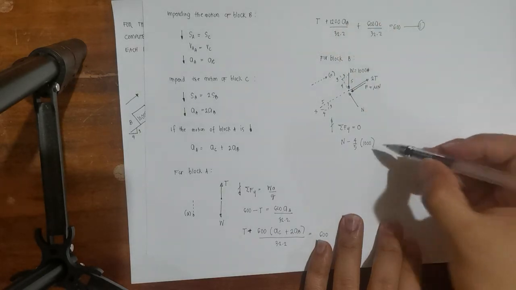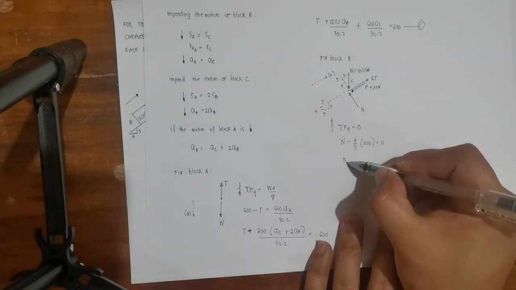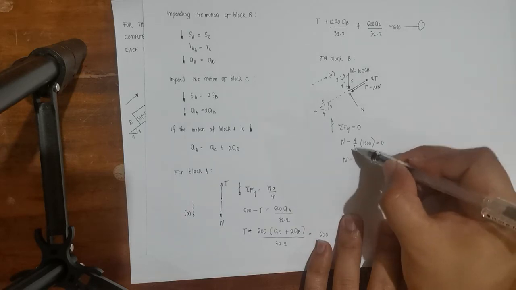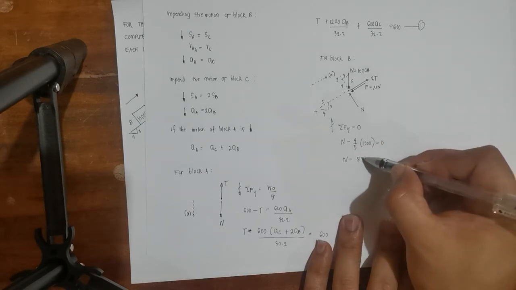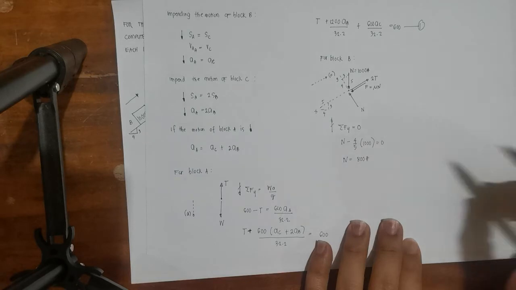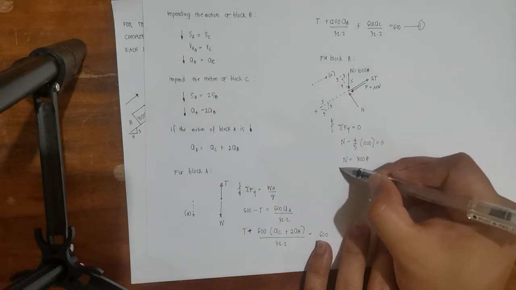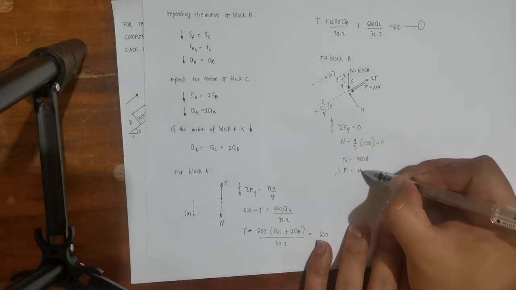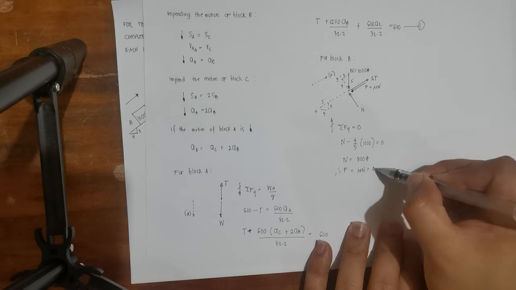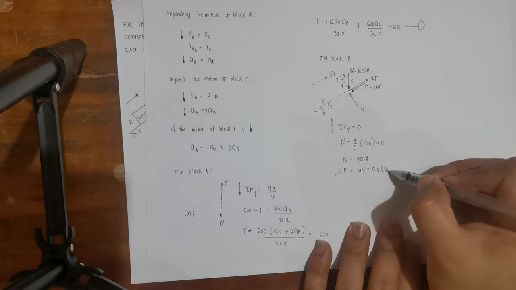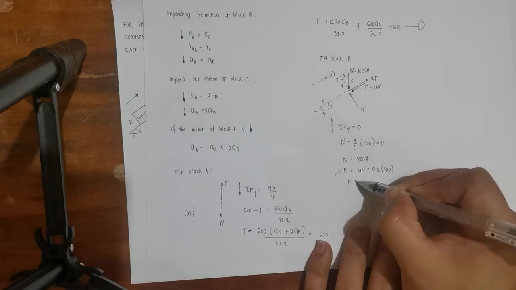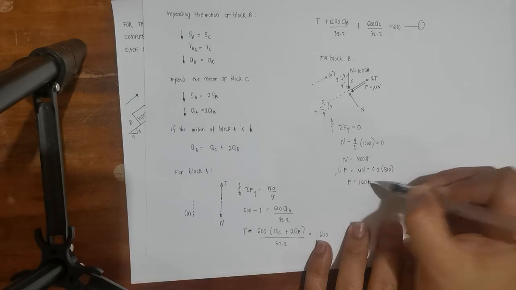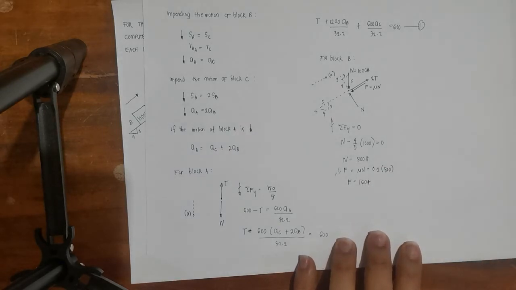So, wala na. Equivalent to 0. Therefore, normal is, lipat doon maging positive, 800 pounds. Therefore, frictional force is mu N. Mu is 0.2 times 800. Frictional force is 160 pounds. Okay.